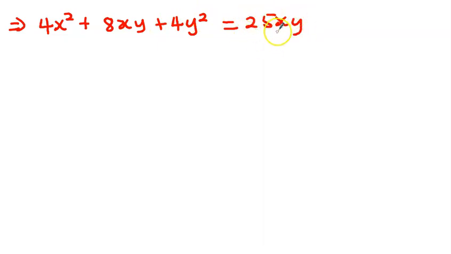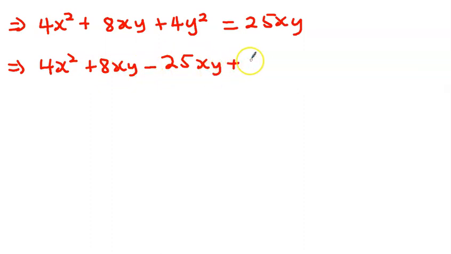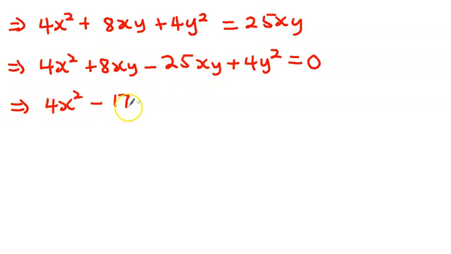Let's move this expression to the left hand side. So we are going to have 4x squared plus 8xy minus 25xy plus 4y squared will be equal to 0, since we move everything to the left hand side. So 8xy minus 25xy, we have minus 17xy plus 4y squared is equal to 0.